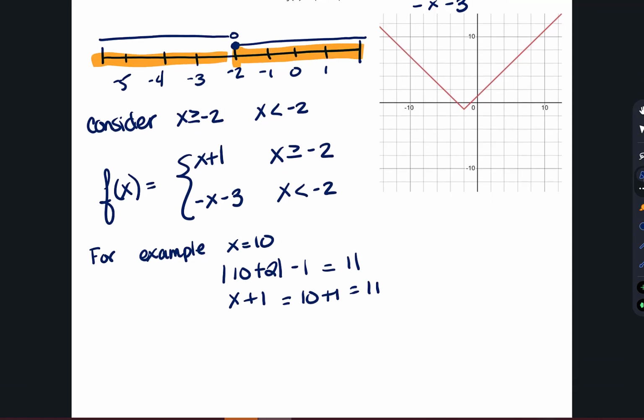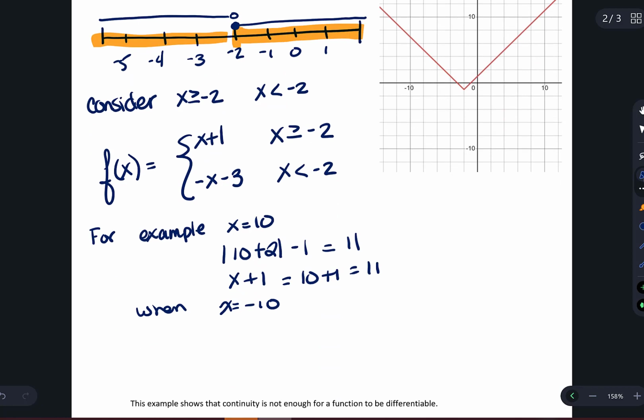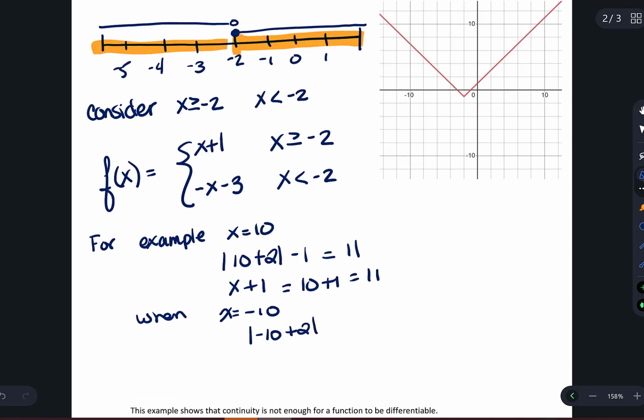And then let's also check when x is equal to -10. So when x is equal to -10, using the first function, we have the absolute value of -10 plus 2 minus 1. Well, -10 plus 2 is going to be -8.